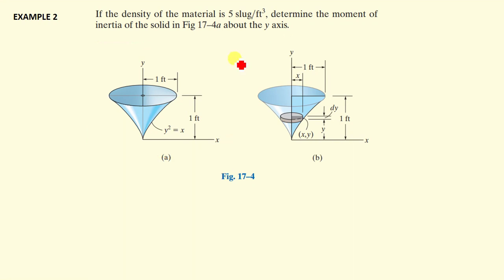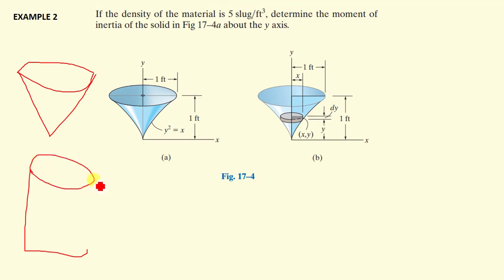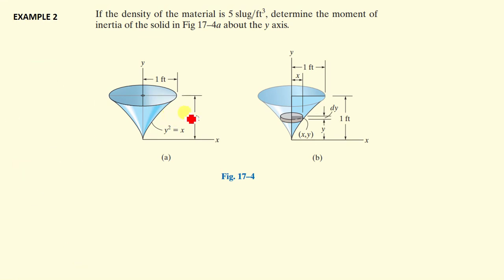Since we know this diagram here is small on one side, and then it's big on the other side, and it's in a circle form, instead of using a shell element, which works well when you're dealing with a uniform object or a uniform element, you can simply use a disk element.